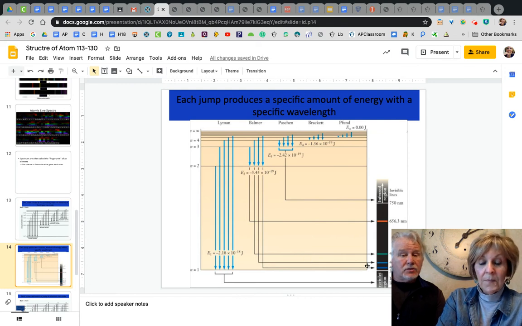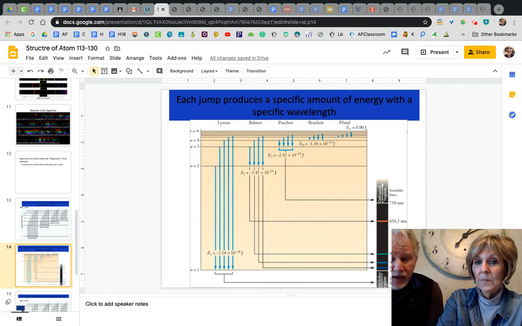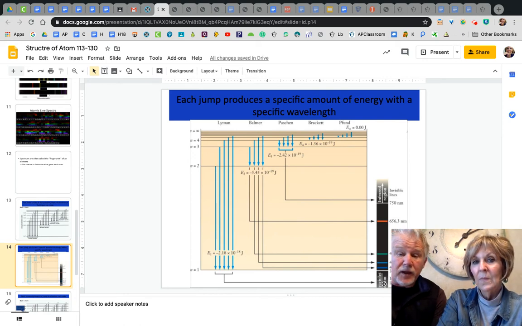So then those all correspond to very specific wavelengths, right? For instance, that first set that we were looking at all the way over on the left, those are all UV, so you can't see that. So the Lyman series, you can't see it. The Balmer and the Paschen series, both of those are in the visible region. But then that other series is too low energy.